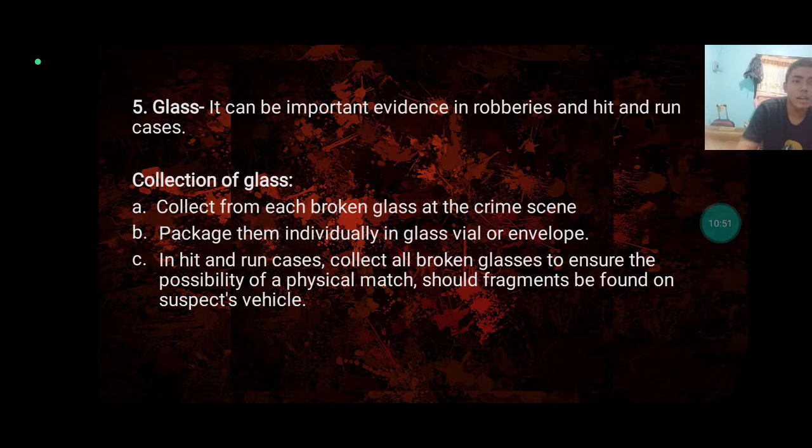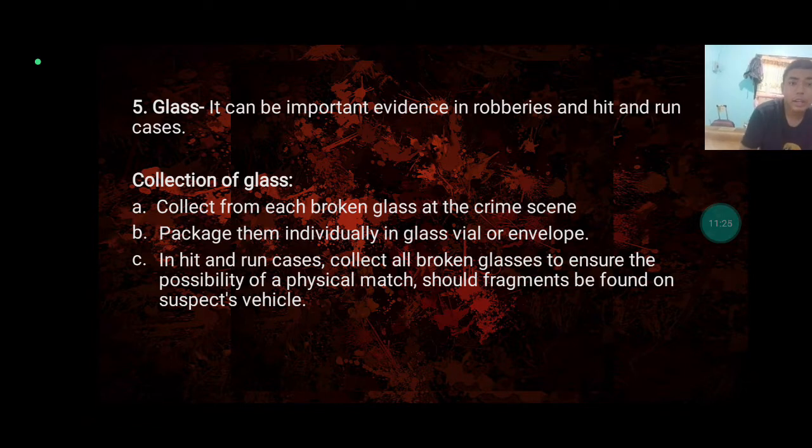In addition, the examination can determine from which side and with what force it was applied. Glass broken by fire shows different patterns because of the expansion of the glass. A physical match of glass from a crime scene found in a suspect's possession is a good possibility.